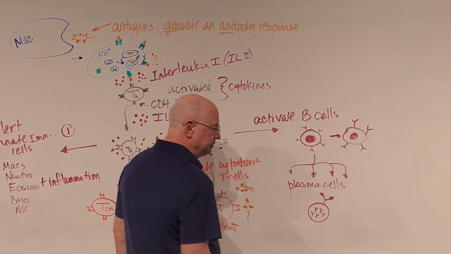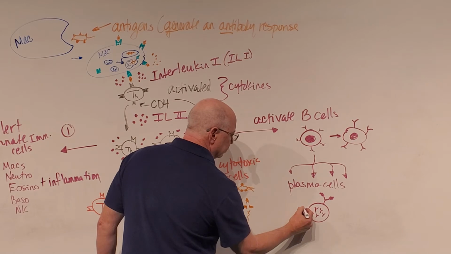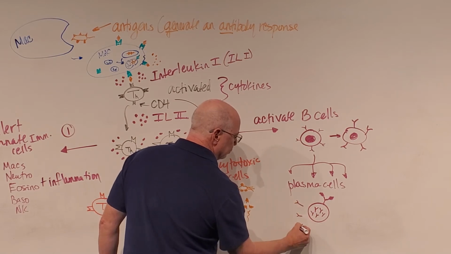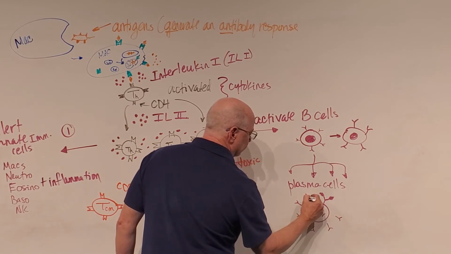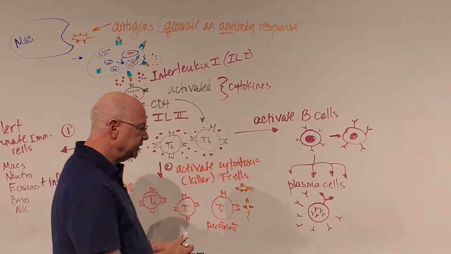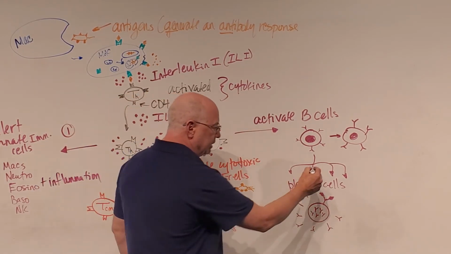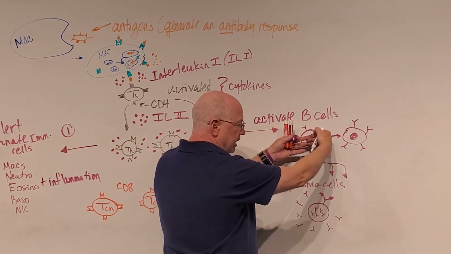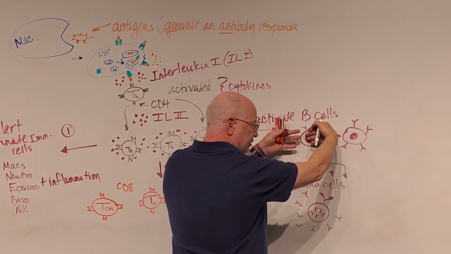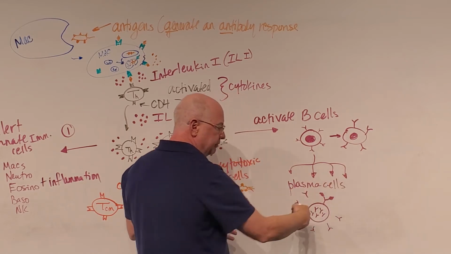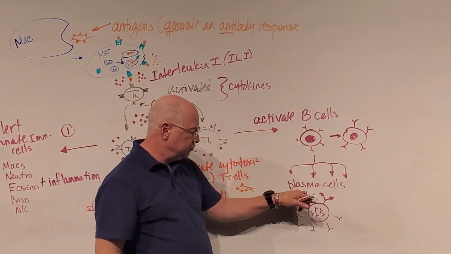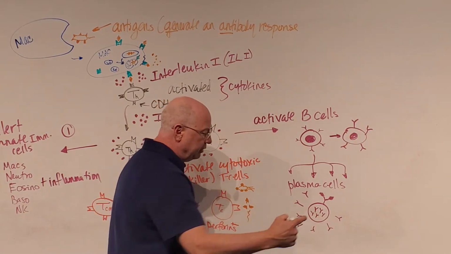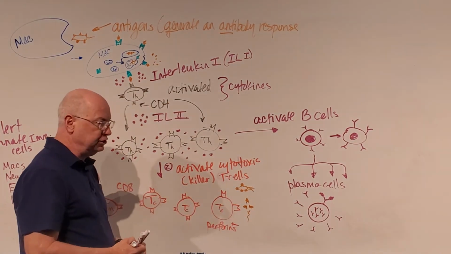They do massive protein synthesis, and then they release those antibodies to be floating out into our bloodstream. Okay? So once these B cells get activated and they divide rapidly, some of them will continue to divide and become plasma cells. And all of these thousands and thousands of plasma cells will secrete antibodies that will bind to that specific antigen.